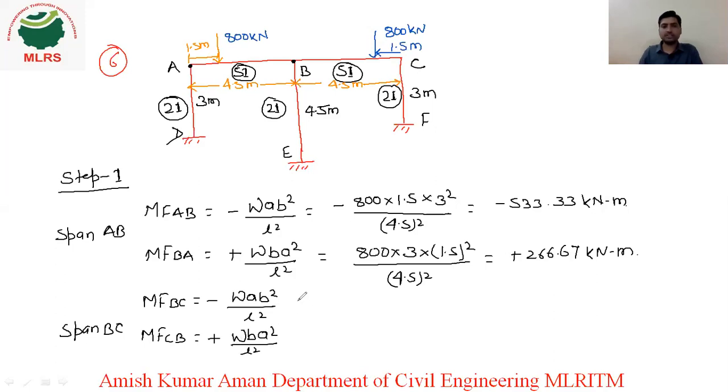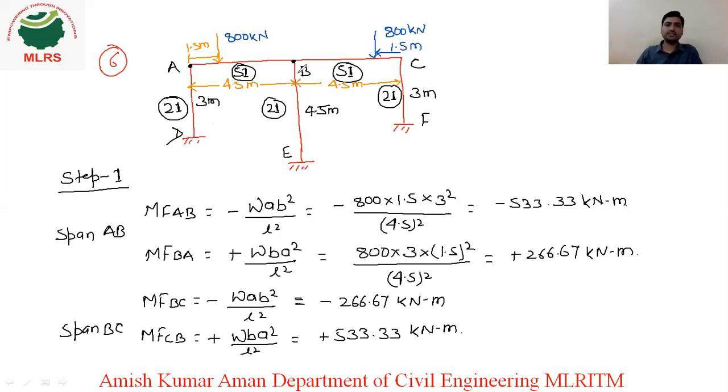The same loading condition is there, so we apply the same formula, and you will get minus 266.67 kilonewton meter here, and plus 533.33 kilonewton meter here. Okay, so we have calculated the fixed end moments for span AB and span BC.